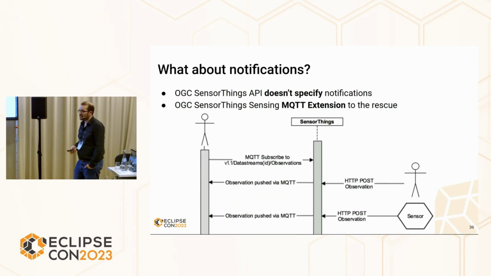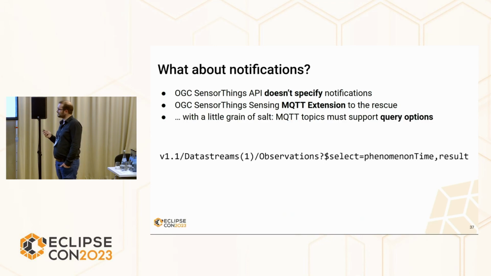But what about notifications? Because the basic OGC SensorThings API is all about polling and describing. So the SensorThings API was extended with MQTT. You just subscribe to a specific topic, and when an observation comes in, you notify the observer. The obvious thing to do.